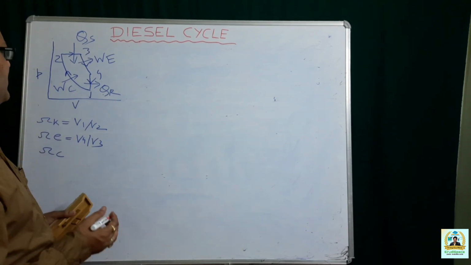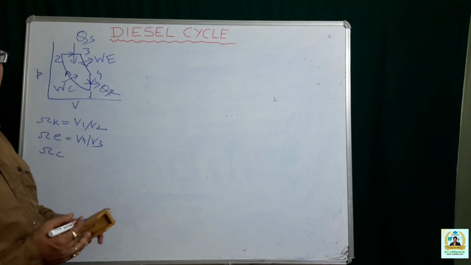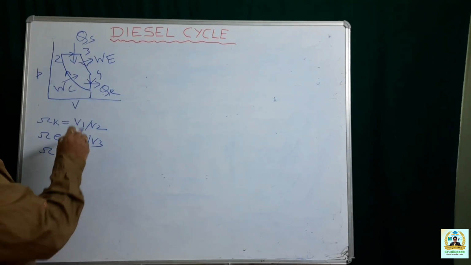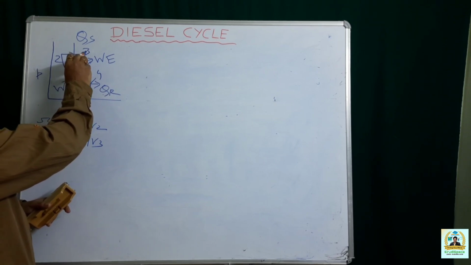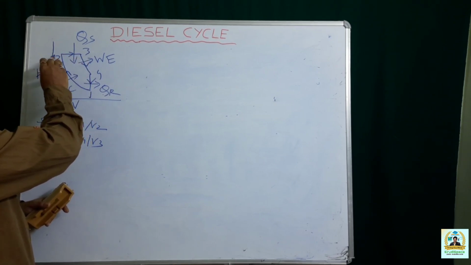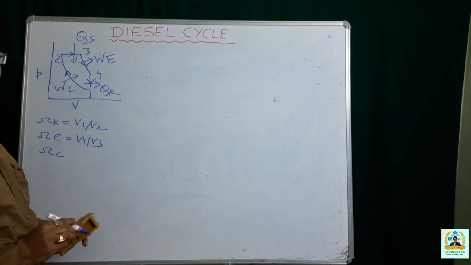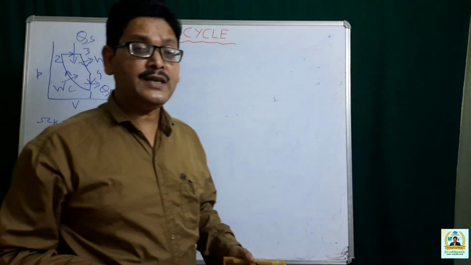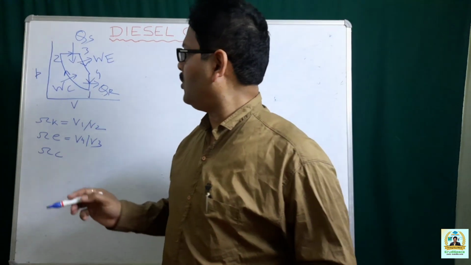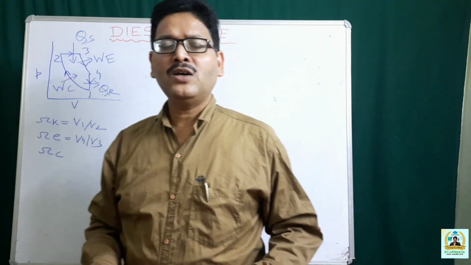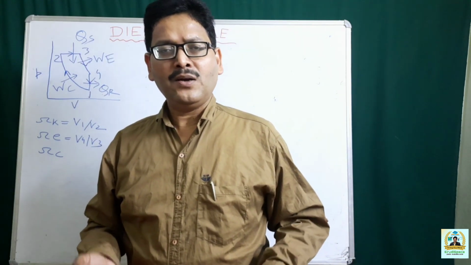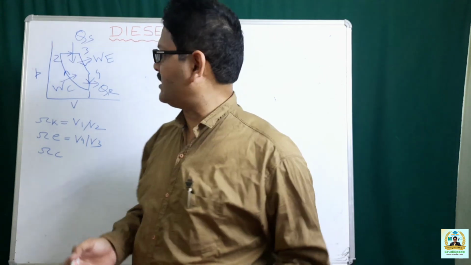So what is cutoff ratio? Cutoff ratio is actually the ratio between the volume at the end of the fuel injection to the volume at the start of the fuel injection. While discussing the mechanical cycle, I have told you that 2-3 actually represents the fuel addition process where combustion also takes place.